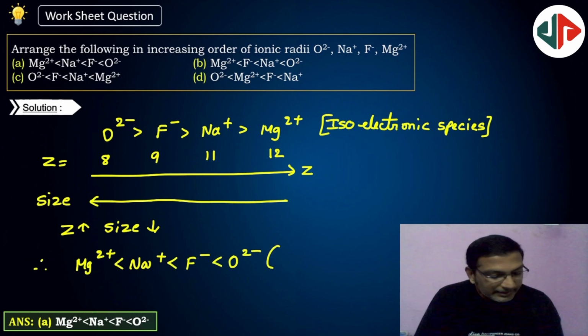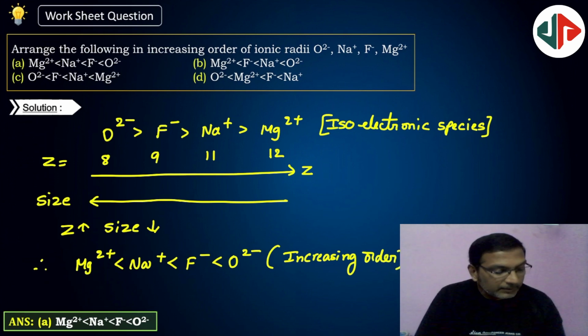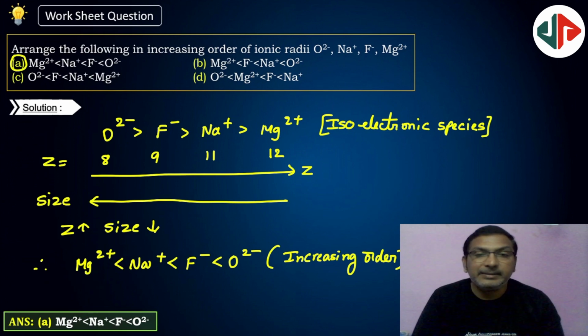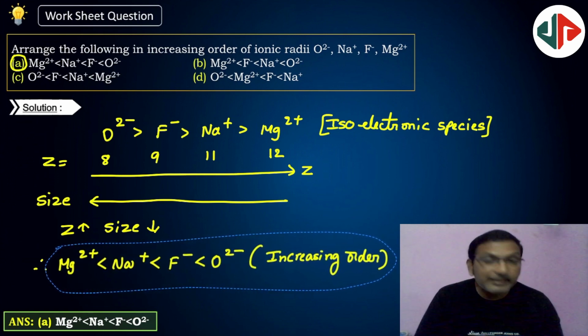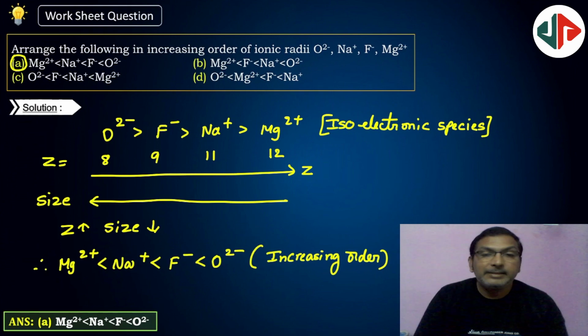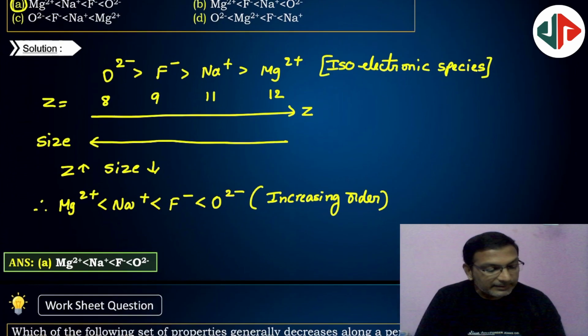This is increasing order. Therefore, option A. This is related to isoelectronic species. In case of isoelectronic species, as the atomic number increases, size decreases. Next one.